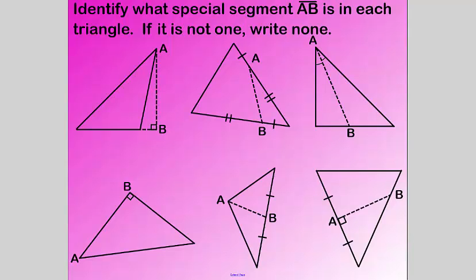Now that you've answered the questions, let's see if you did them correctly. In the first one, AB connects an angle to the opposite side with a right angle, so it is an altitude. In the second one, none of the properties for any of the special segments are met, so it's not any of them. In the third one, it bisects this angle up top, so it's an angle bisector.